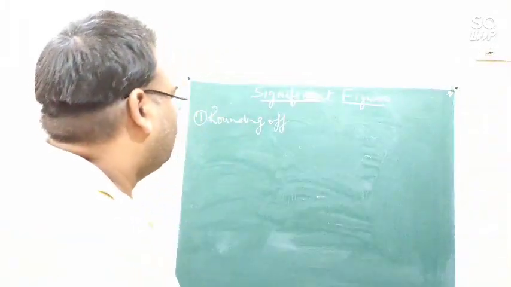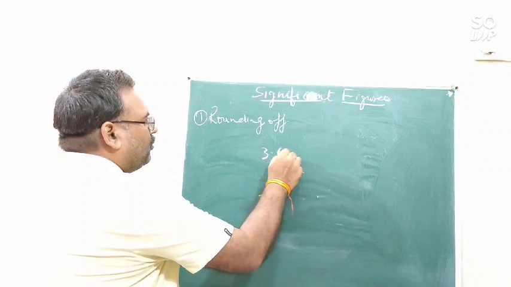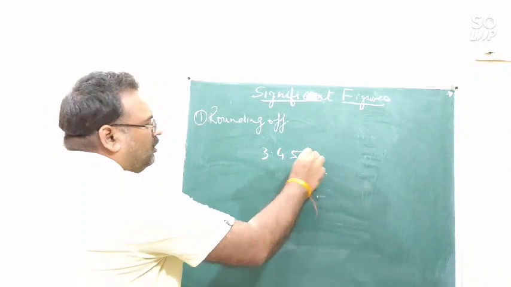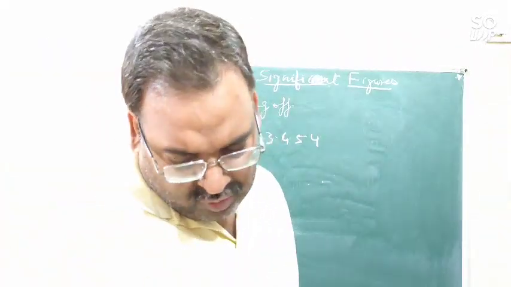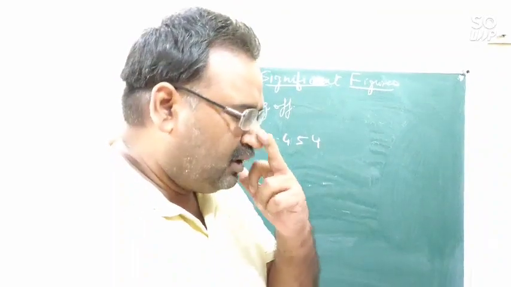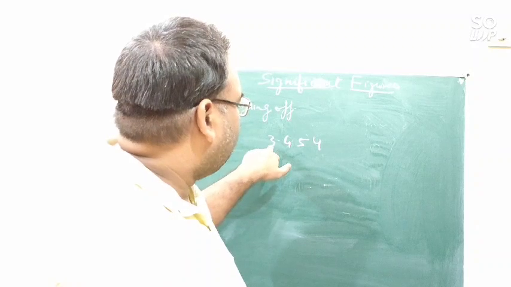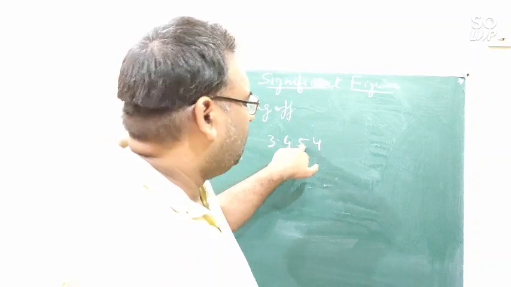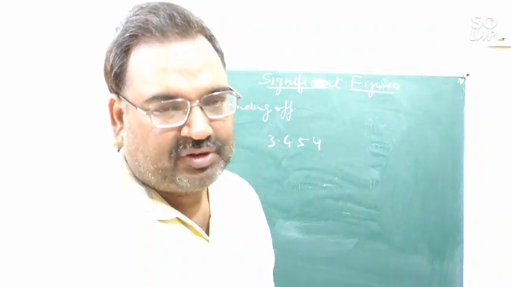Okay, so I'll give you an example. We have 3.454. Now this number has to be rounded off to three significant figures. At present it has four significant figures: 1, 2, 3 and 4. It has to be rounded to three.